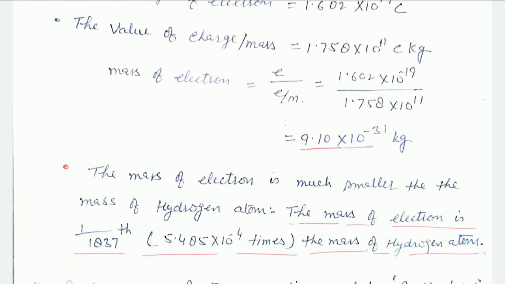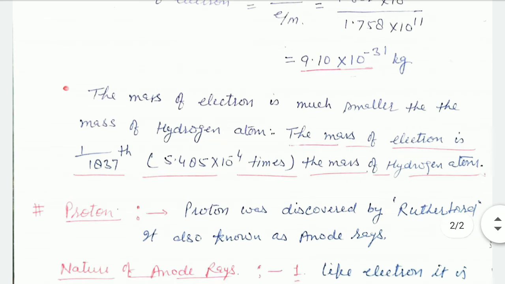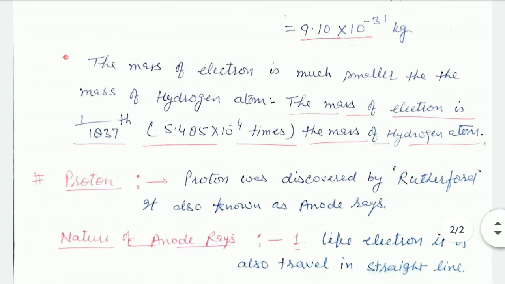After the calculation, we found 9.1 into 10 to the power minus 31 kilogram, which is the mass of the electron. The mass of the electron is much smaller compared to the mass of the hydrogen atom. It is 1 upon 1837 part of the mass of the hydrogen atom.